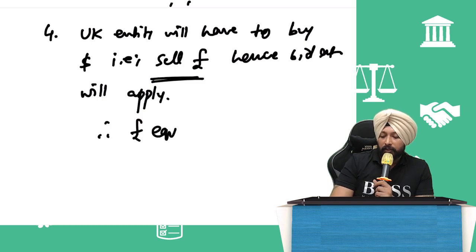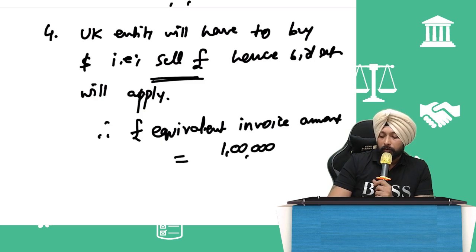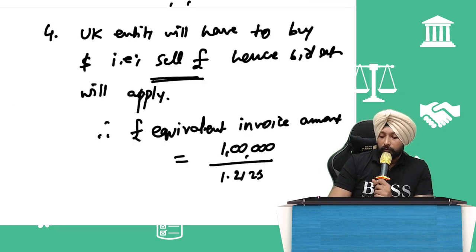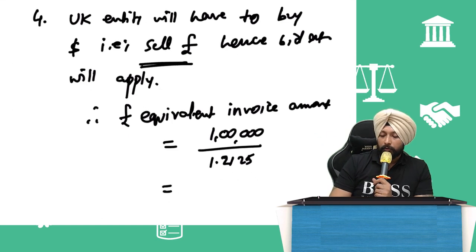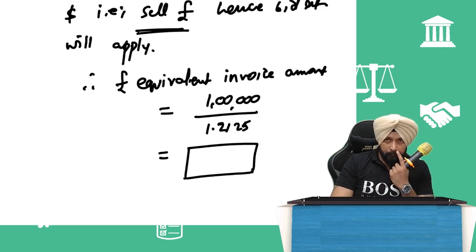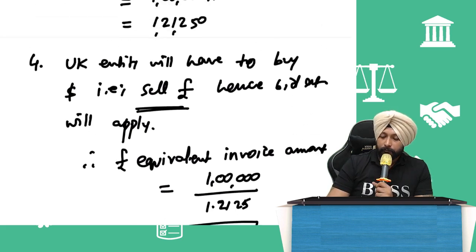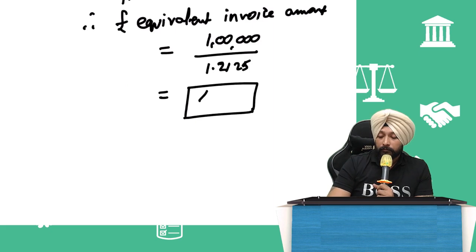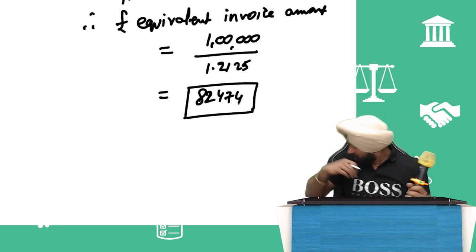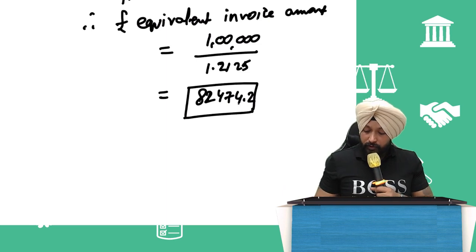Therefore, pound equivalent of the invoice amount is 1 lakh divided by 1.2125. How much? 82,474.2.